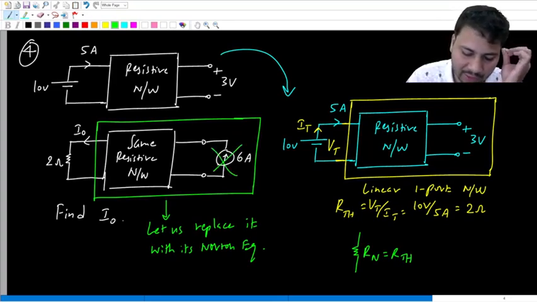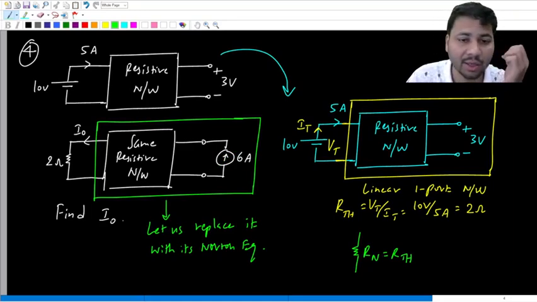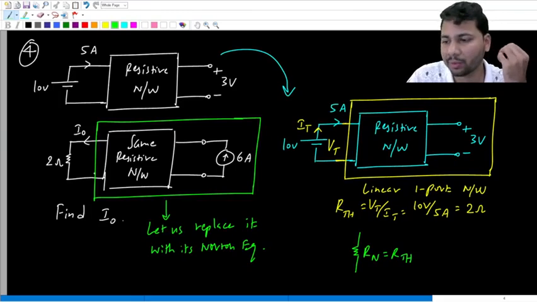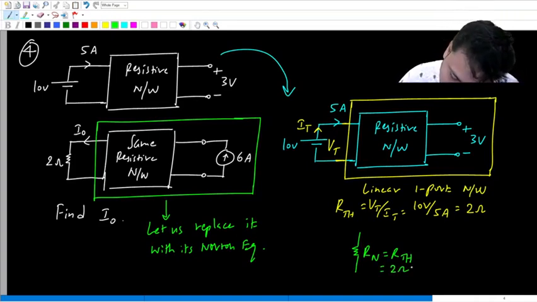So if you make this current source 0, then the green and yellow boxes are identical. Then the Thevenin and Norton resistances will also be equal, because while finding Rth or Rn, we make the independent sources inside the network 0. Already for the yellow color box, we found that the Thevenin resistance is 2 ohms. So this would also be 2 ohms.